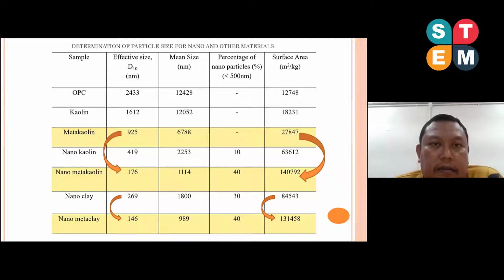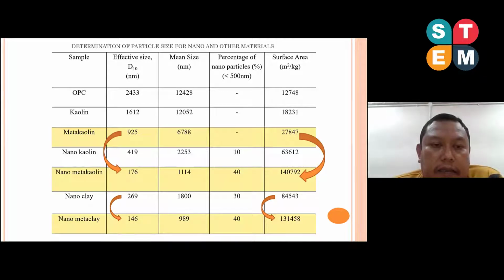We can see that the process of high energy milling gradually reduces the size from 1612 nanometer to 419 nanometer for nanokaolin, and after calcination, the size reduces from 419 nanometer to 176 nanometer. That is what has been used and claimed as the final size for nanometakaolin by using high energy milling.